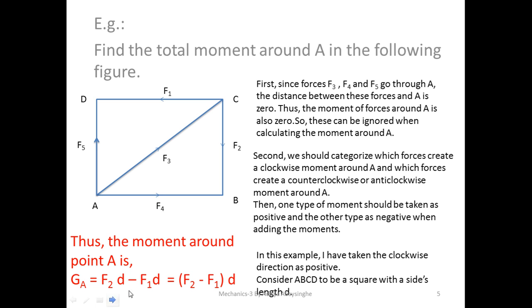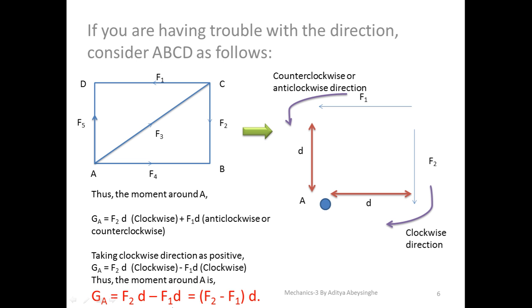So this is an explanation of how you can take the direction. Now you know how to take the magnitude. This is an explanation of how to take the direction. Now F1 is in this direction, so you have to take the moment around A. F1 always creates a moment so that it exerts the smallest angle, and the drag of the force should make a moment in this direction.